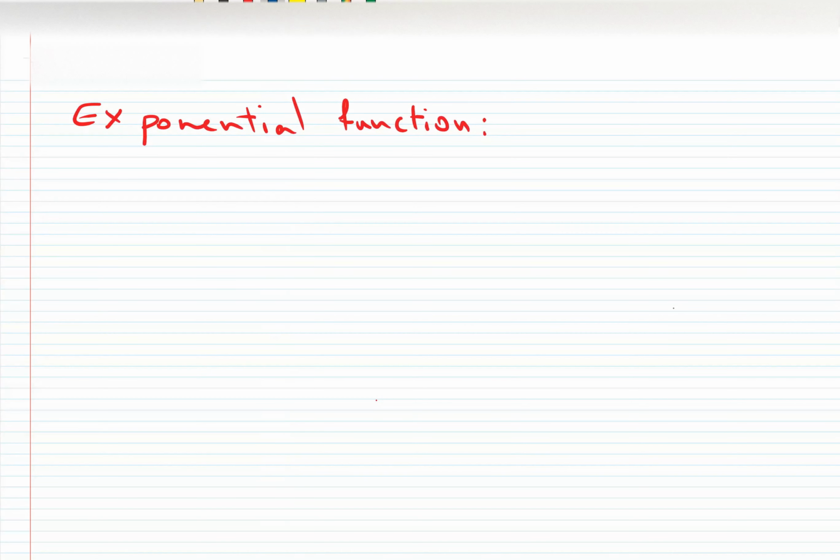The general form of an exponential function is v of t is equal to Va, which is amplitude, e to the power of minus t over Tc, times u of t.